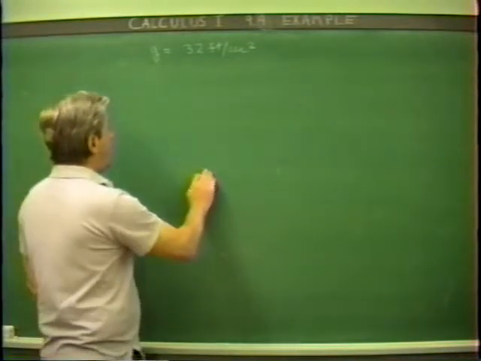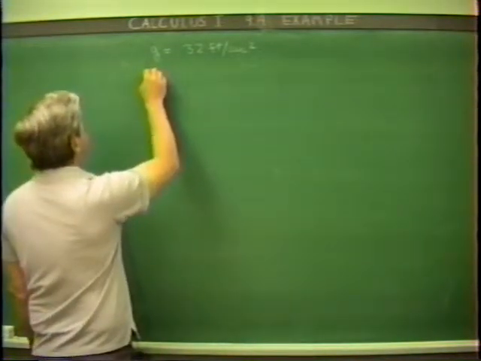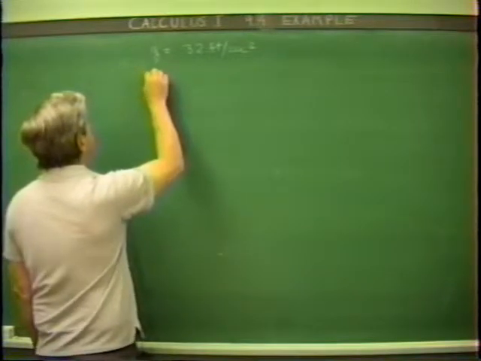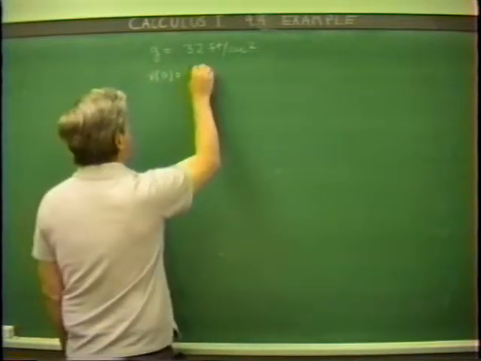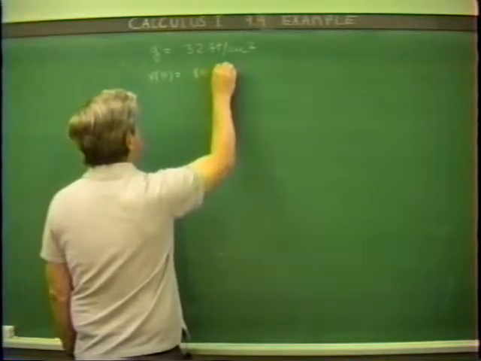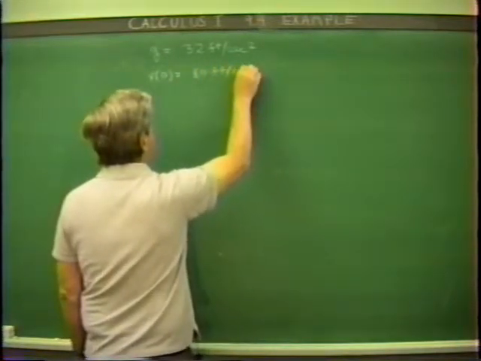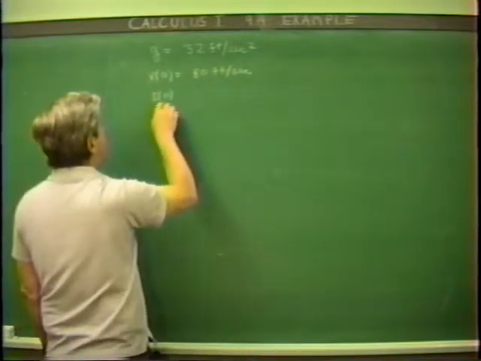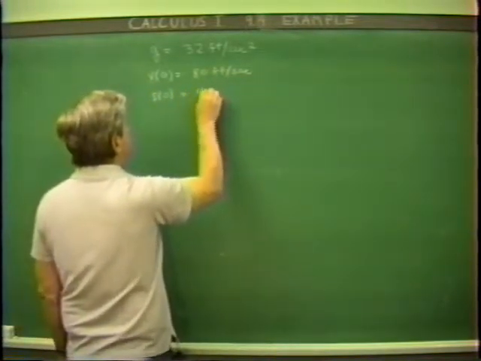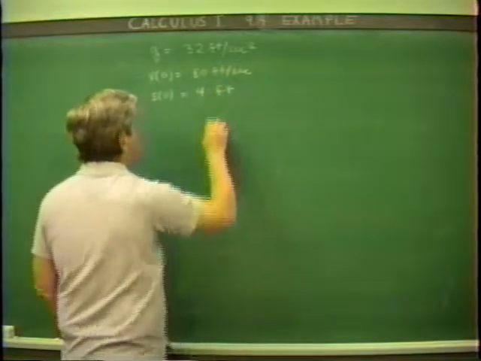Now imagine that an object is thrown with an initial velocity of 80 feet per second from a height, let's say position at time 0, of 4 feet.